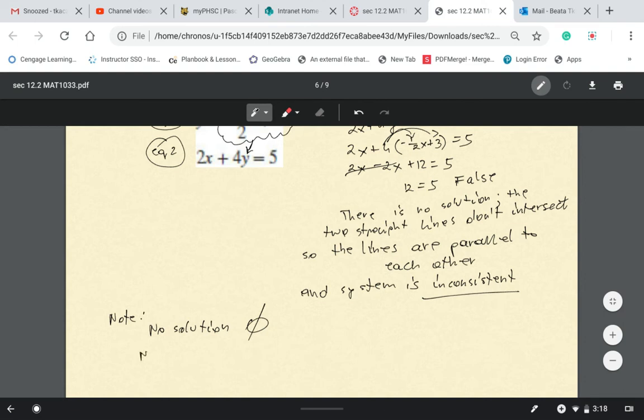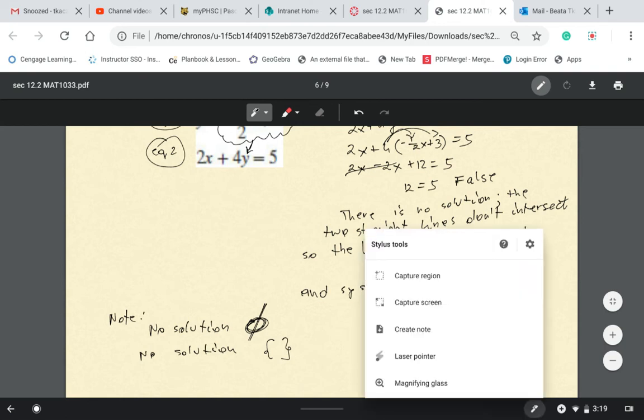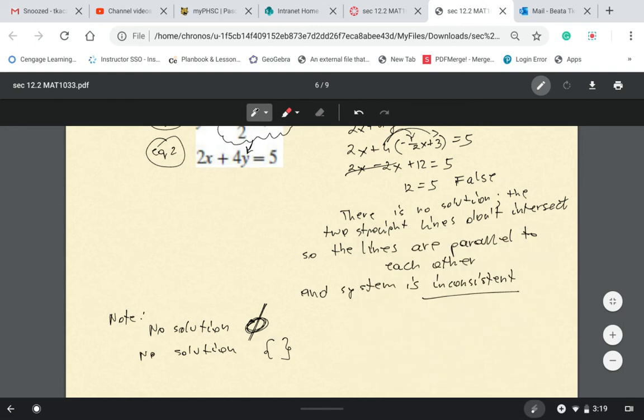Your book, when there's no solution, uses empty brackets. So just be aware of that. Before we have test 2, I will check how you will have to enter the answer. I think Alex used this notation, and the book is using the second one. So no solution. The two straight lines are parallel to each other.